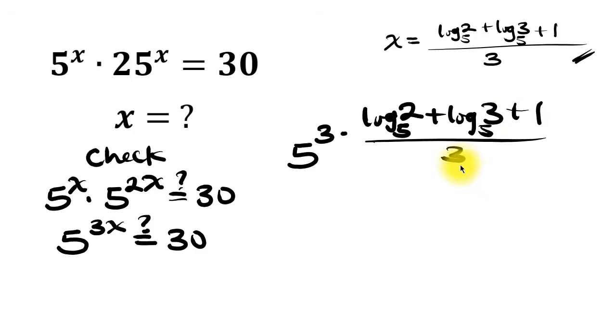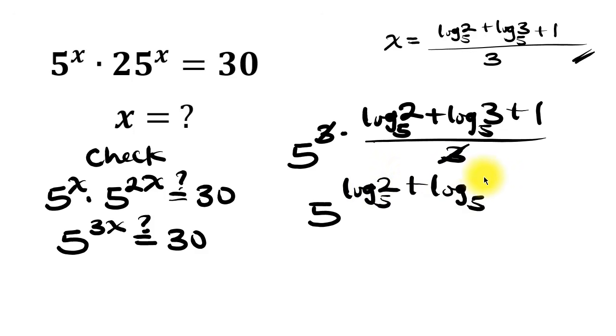This is an exponent. Now notice that what I have here can cancel what I have here. Now leaving behind 5 to the power of log base 5 of 2 plus log base 5 of 3 plus 1. Good. Now watch something.